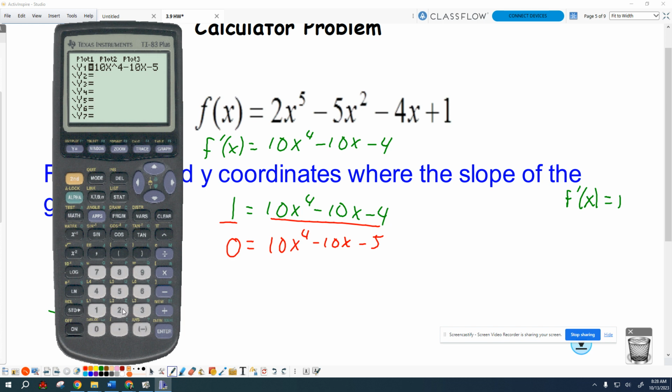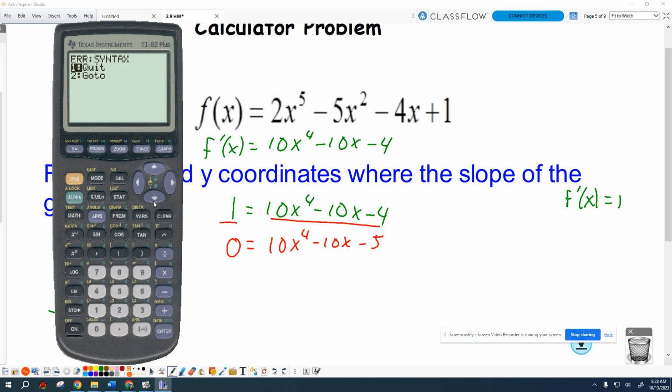All right, in Y2, I am putting in the 2x to the 5th minus 5x squared, goodness, minus 4x plus 1. Why am I doing this? Well, vars, y vars, I typed my function in Y2. I want it to do Y2 of the x value I stored in A.